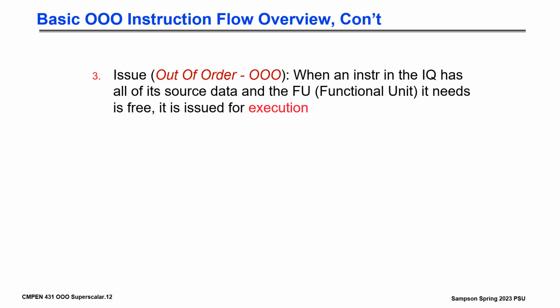So this is a data flow firing rule. While the reorder buffer is a FIFO, the traditional sort of queue in that sense, the queue in IQ is not really ordered, right?